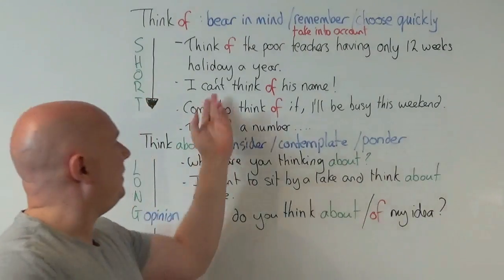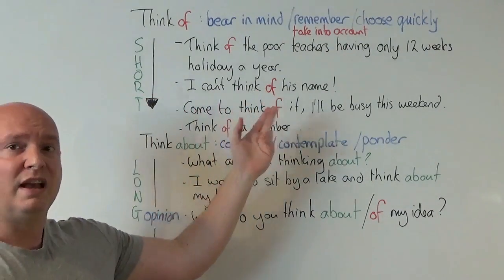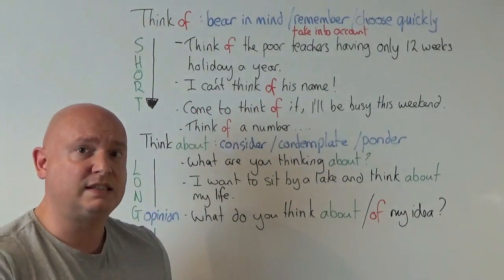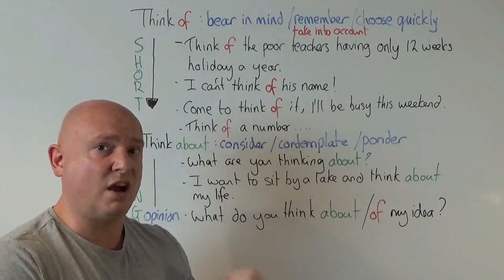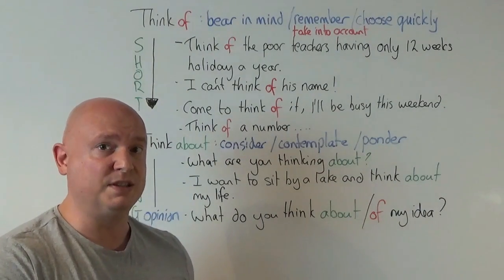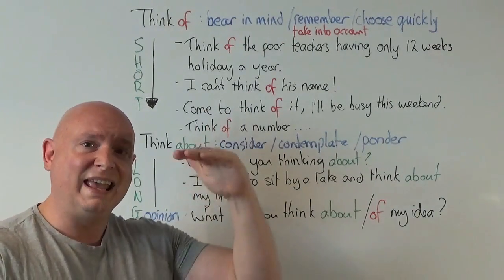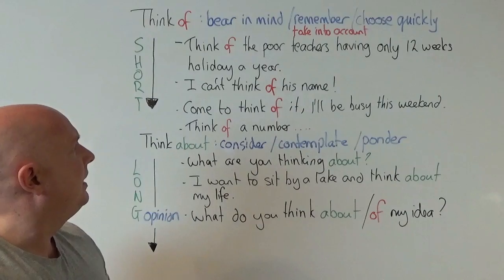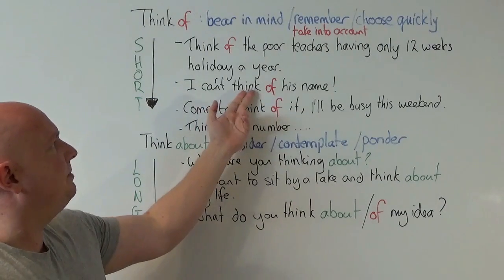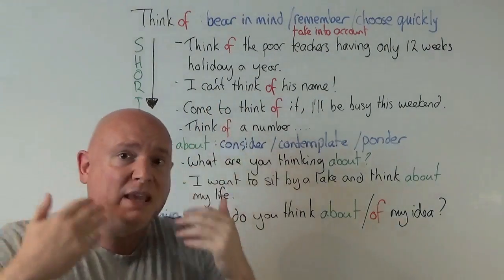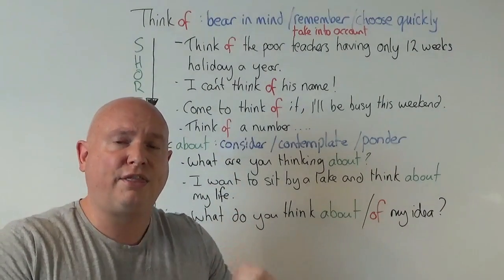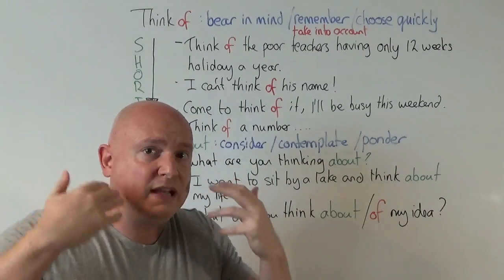Now, here, can't think of actually means remember. I can say as a synonym, I can't remember his name, or I can't think of his name. This is probably a little bit more informal. Now, what this actually means is it's about coming to my mind. I can't think of his name. It's not coming to my mind.